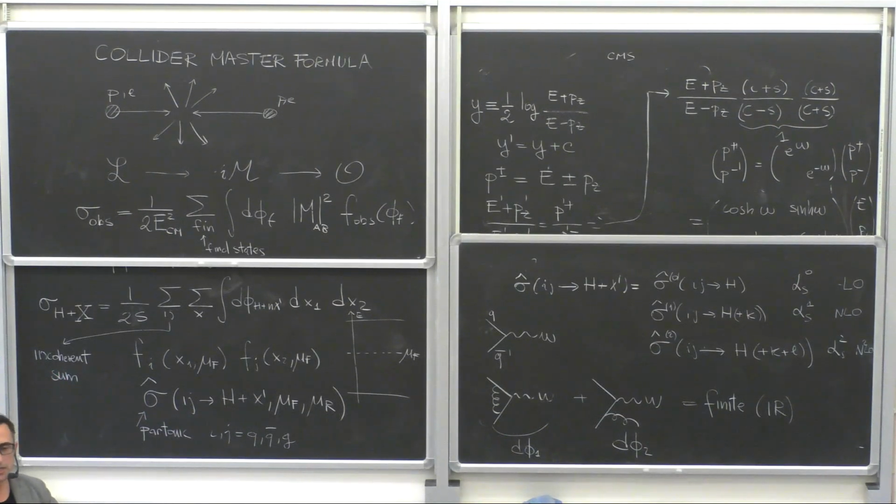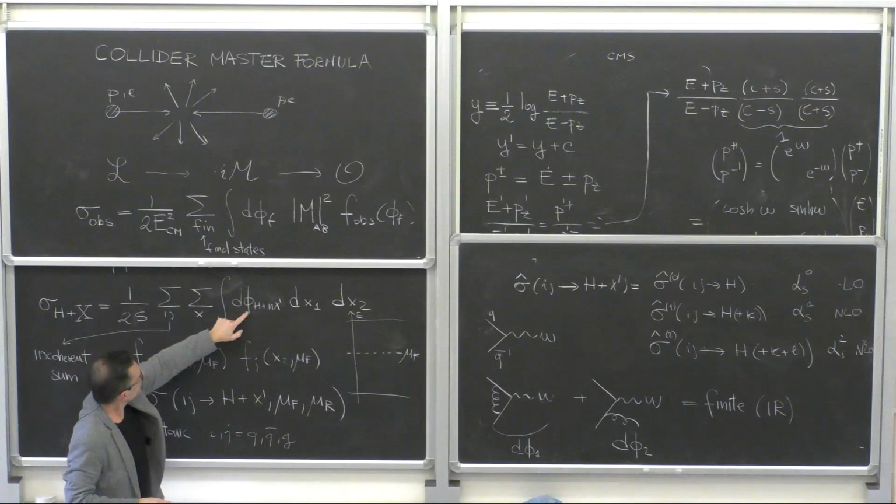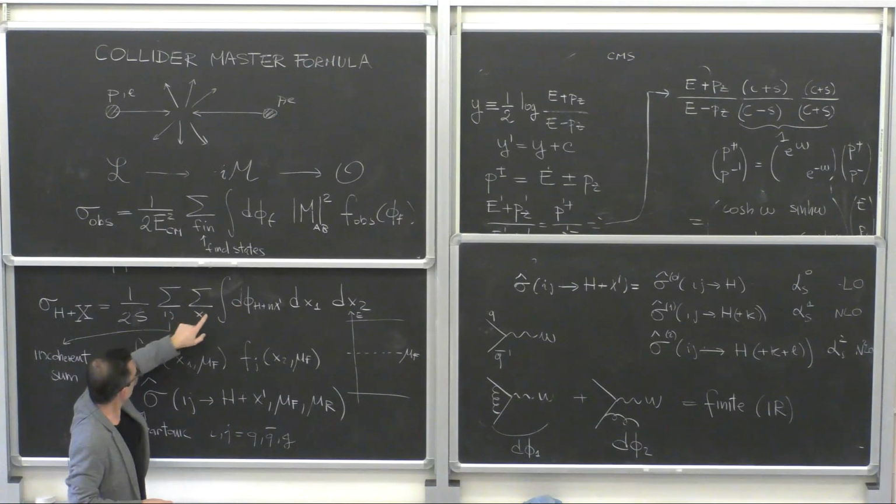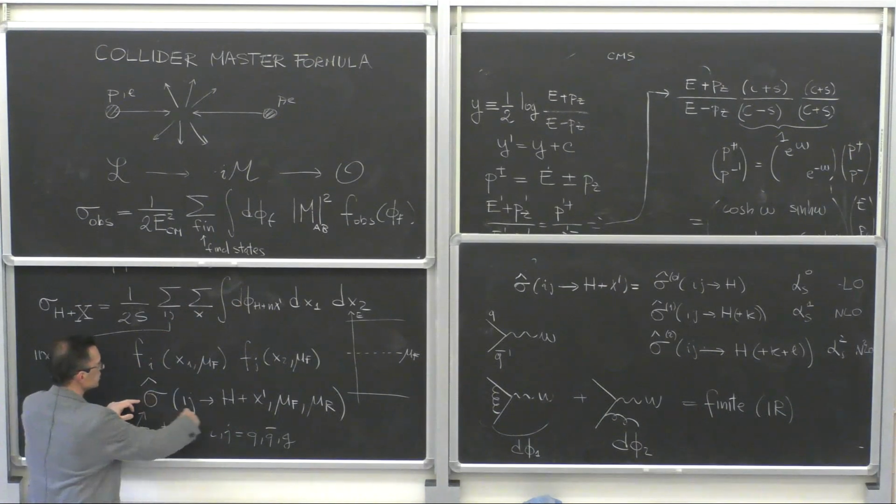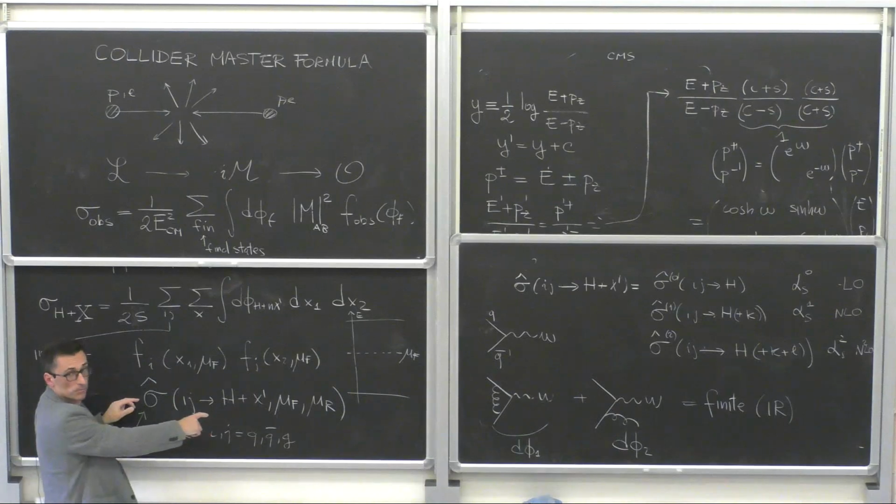A Z, another Higgs, a top, a jet, a pion, everything that you can dream of is here, which can be written as a physical asymptotic state or not, depending on the level of your computation. But what I'm really doing here, when I sum over ij, is computing the parton-level cross-section.